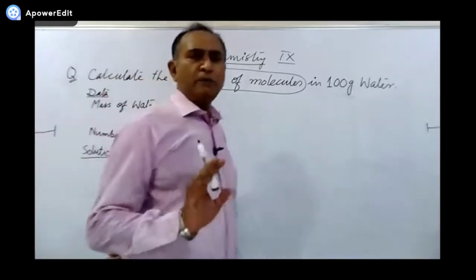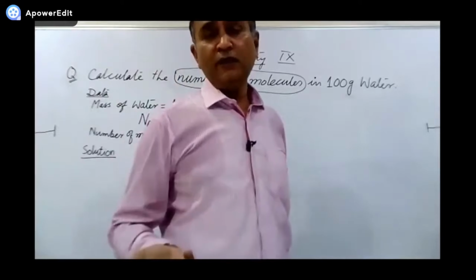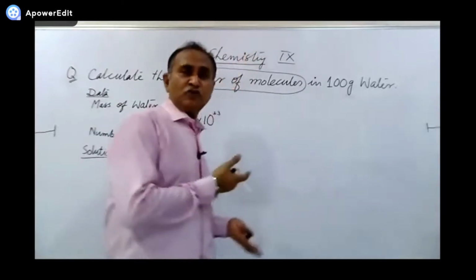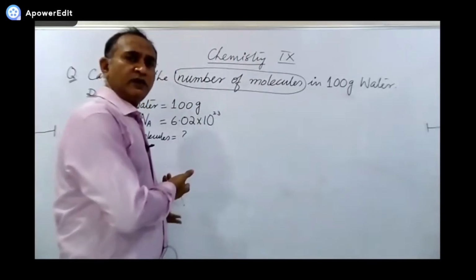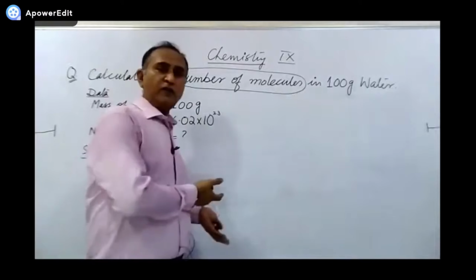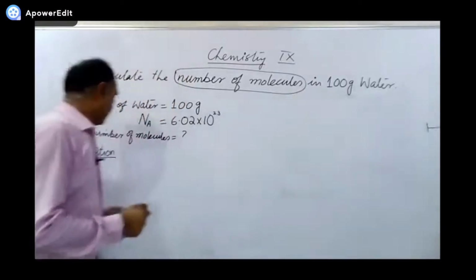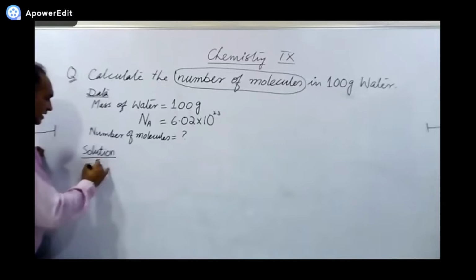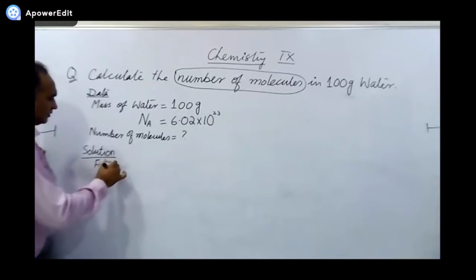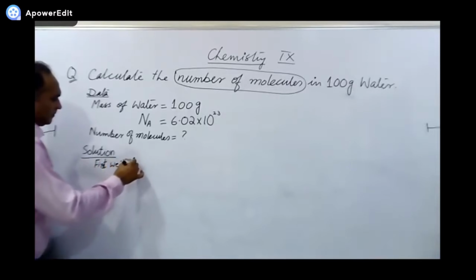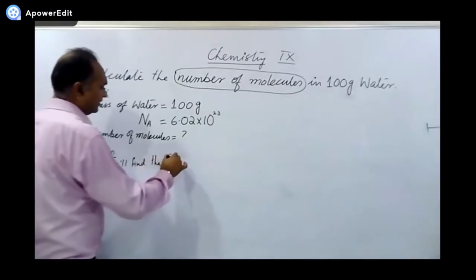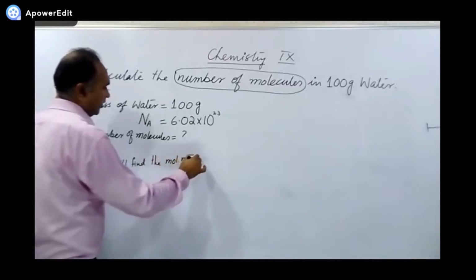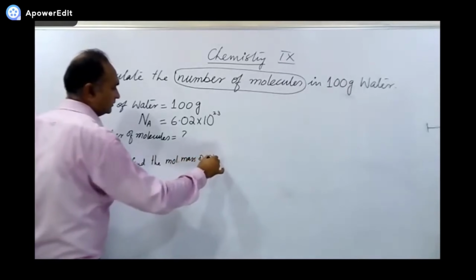Solution. Water is a compound or an element? It's a compound. So we have to show the working of molecular formula, molecular mass means first we'll find the molecular mass of water.